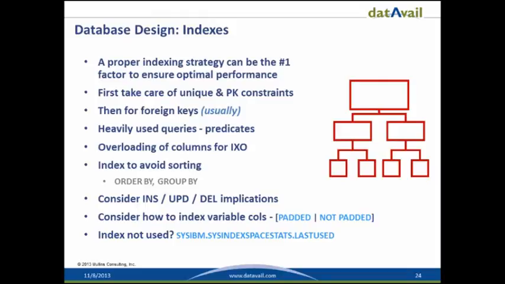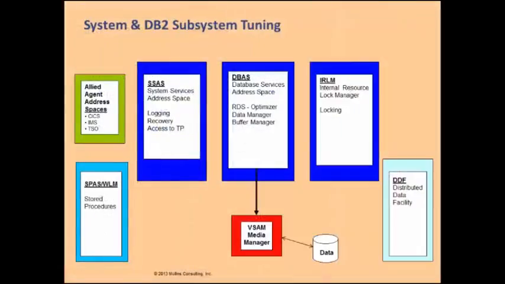Keep indexing until such time, or right before, if you can, the modification begins to get hurt, or if you can't, you start seeing the impact of the modification, and then you would back off the least used index. You can check out this column, last used in SYSINDEXSPACESTATS, to see when an index was last used if you want to try to winnow out indexes that aren't used.